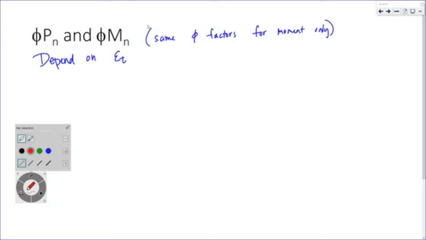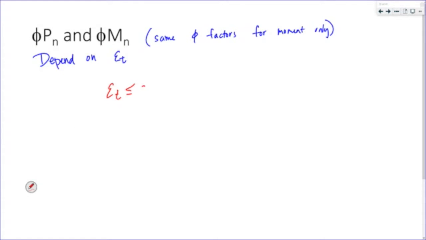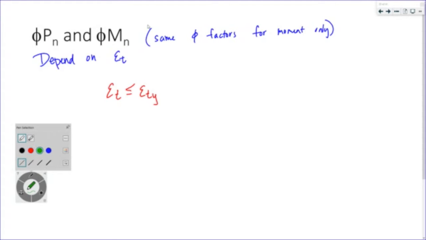If our strain is less than yield, we have compression controlled. We haven't yielded at all.